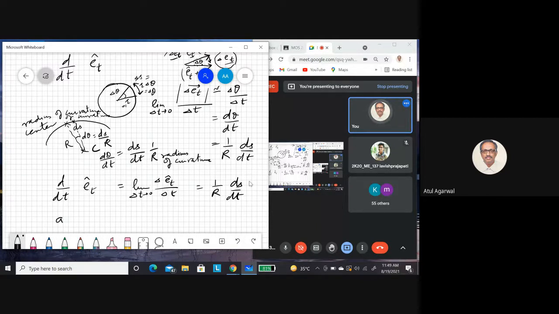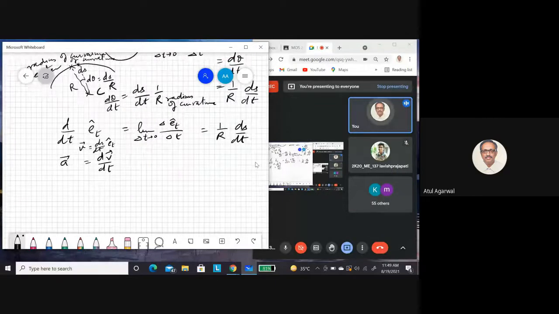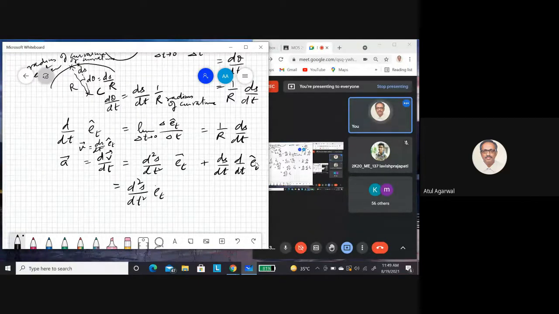Now what is your acceleration? dv by dt. I had told you velocity is ds by dt in the unit tangent vector. So what do you get by the product rule of differentiation? So this is your tangential term plus ds by dt times the derivative of et, which I found here.